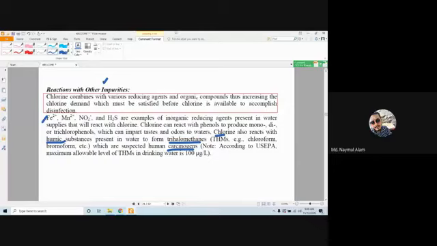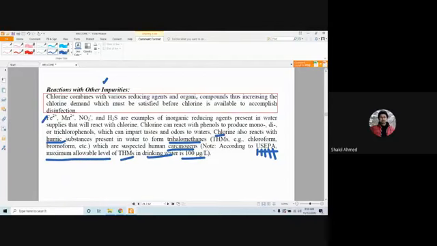So, according to the US EPA, the United States Environmental Protection Agency, like in Bangladesh we have the Department of Environment to protect the environment, in the USA they have the United States Environmental Protection Agency. They give a maximum allowable level of trihalomethanes in drinking water, which is 100 micrograms per liter.